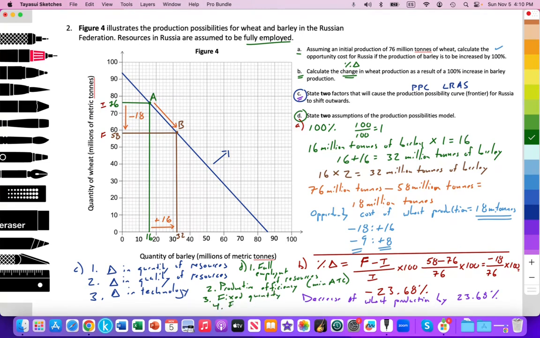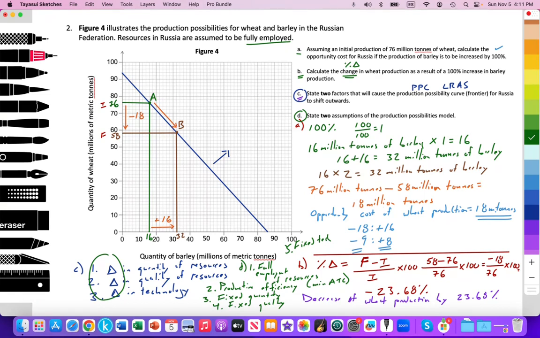Four, fixed quality of resources. And five, which I'll squeeze in here, number five, fixed technology. All right. So what causes the PPC curve to shift outward is the changes in quantity, quality, technology. With the PPC being held constant, we assume that there's fixed quantity, fixed quality, fixed technology.